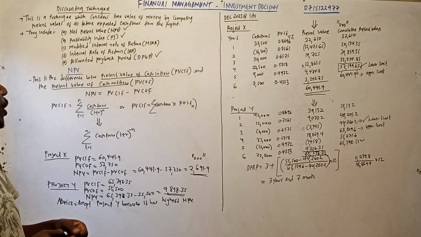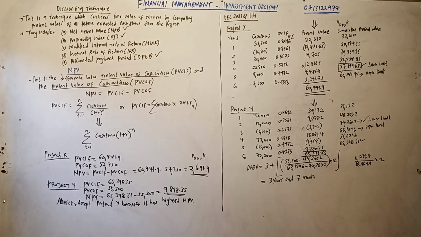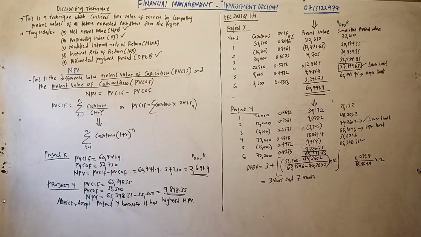Okay, now we can go to the next one, PI, profitability index. Then tumalizie na MIRR na IRR. So let's go to PI. So I think I'll give you like 1 minute.